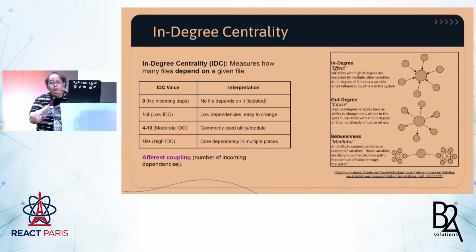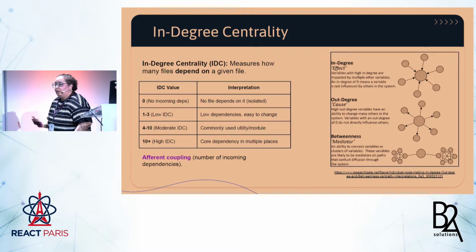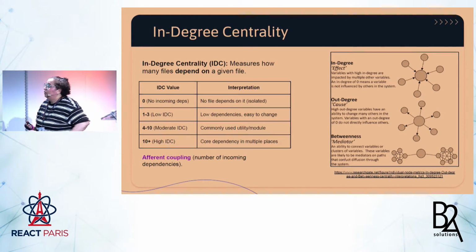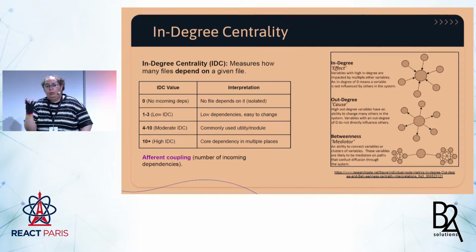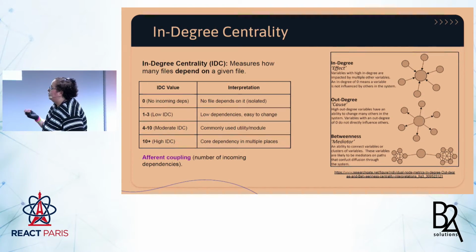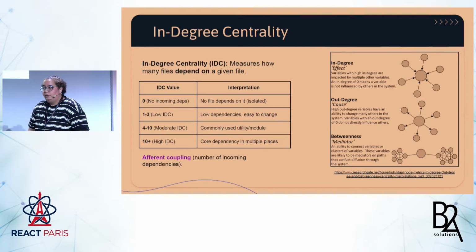Then I can also use other approaches of graph theory in order to calculate the centrality of a file. For example, here we can calculate in-degree centrality, which means how many files depend on a specific file.